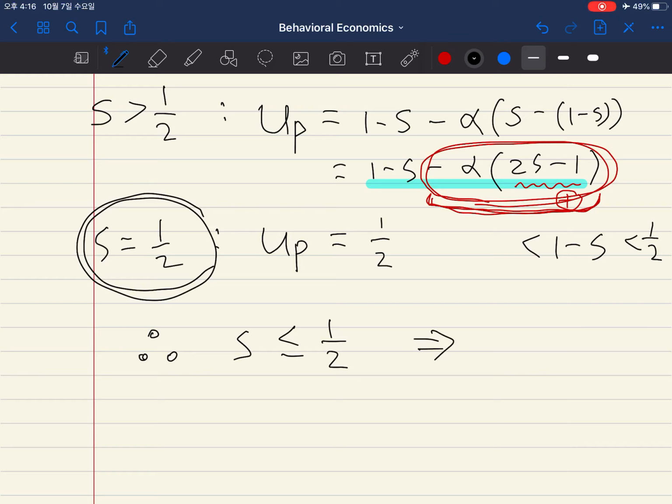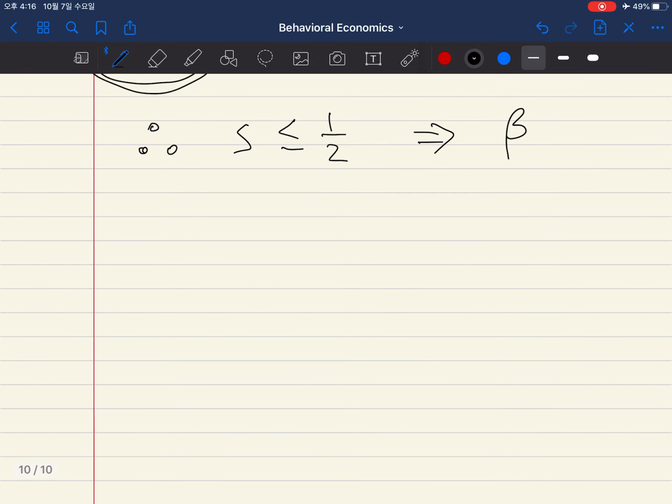So this means the proposer is always going to feel compassion because the proposer offers less to the responder. So we're going to have a beta term in the proposer's utility. So let's think about the proposer's utility.